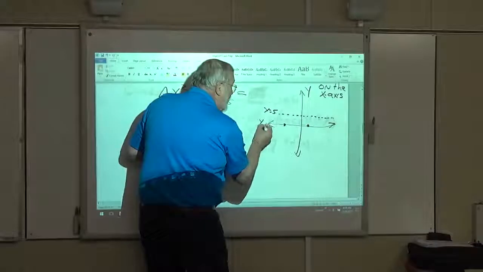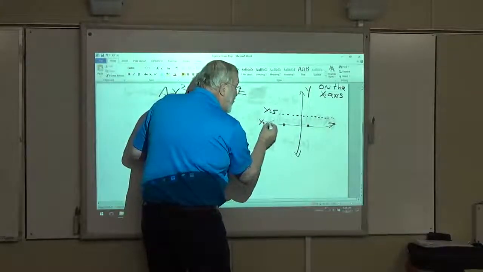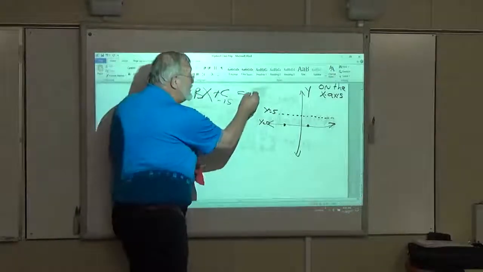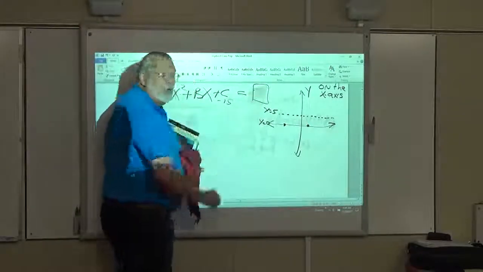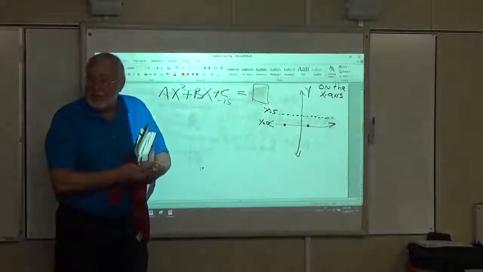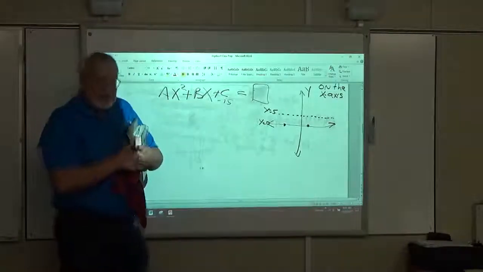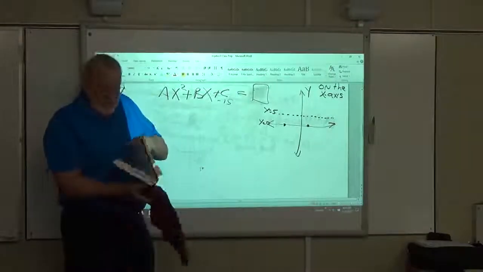But I do have a way to find it where y equals 0. So all I do is change this back to y equals 0 and then use the quadratic formula. That make sense? So that problem's really easy once you understand it.